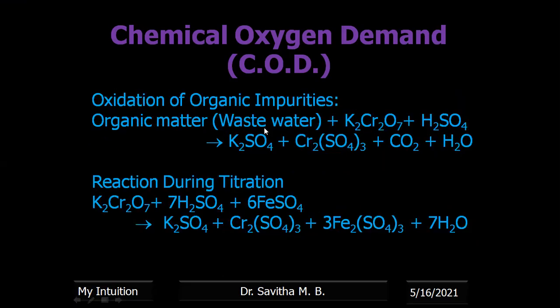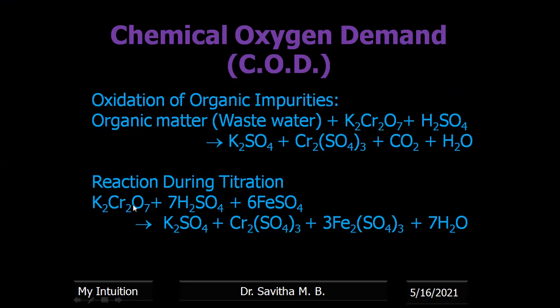So see, organic matter that is present in the waste water. For that you are adding potassium dichromate and sulfuric acid. That time all the organic matter will be converted into carbon dioxide and water. Okay, now as much organic matter is present, so much potassium dichromate will be consumed. Since you are taking potassium dichromate in excess, there will be some unreacted potassium dichromate.